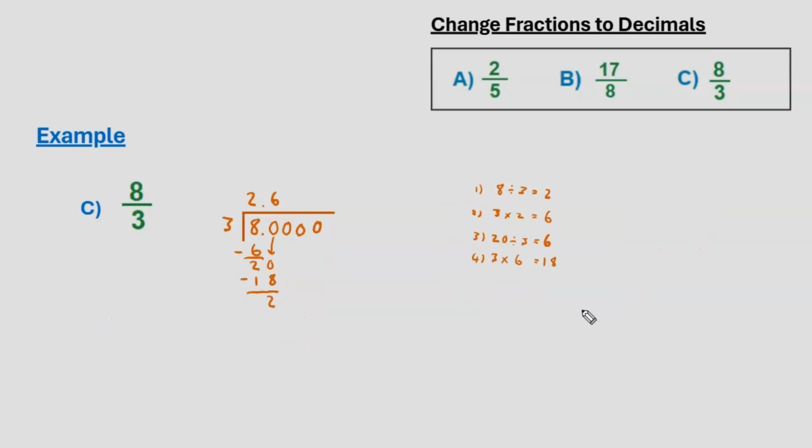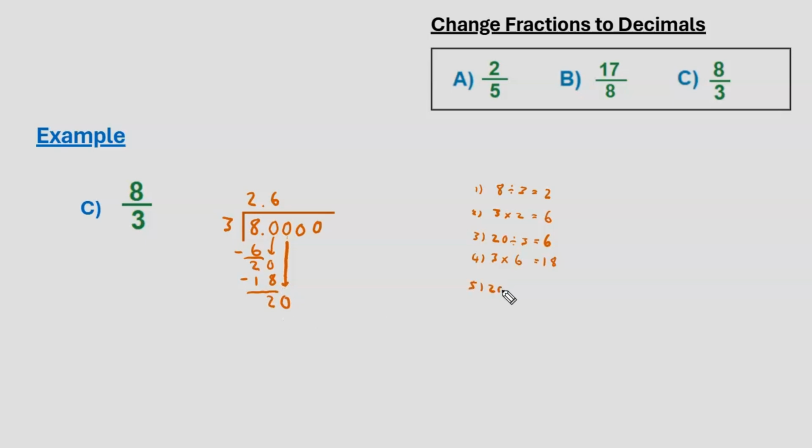Now for example C, where we look to change the fraction 8 over 3, we've already written down the first 4 steps, because this is where it actually starts to get a bit more interesting. So let's proceed with the 5th step, where we bring down the next 0, and we'll see what happens. It gives us 20.